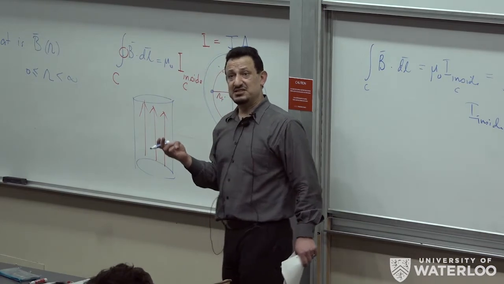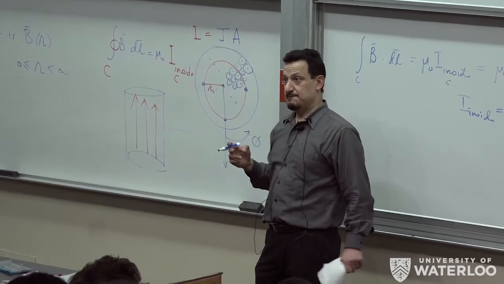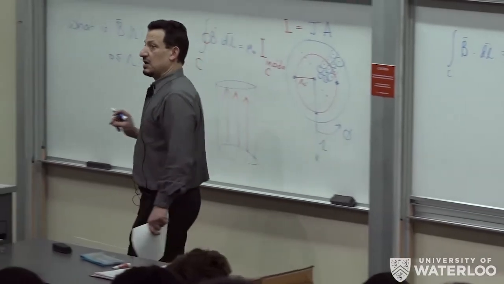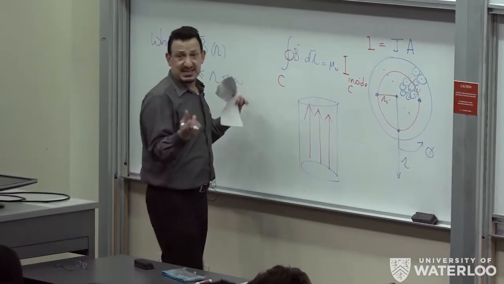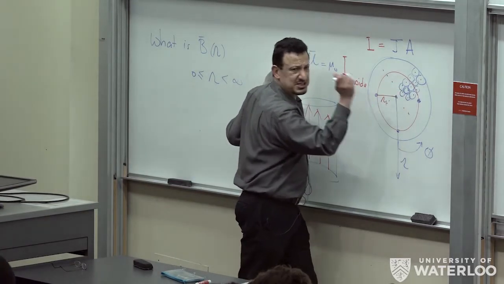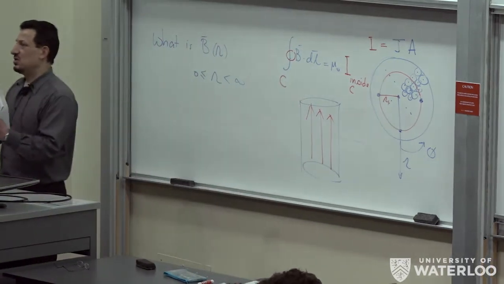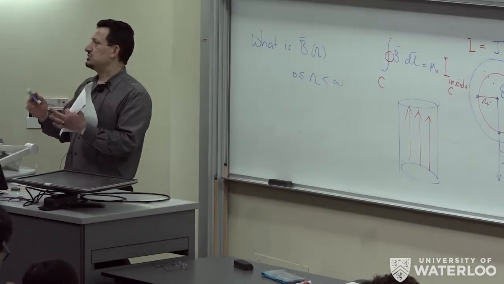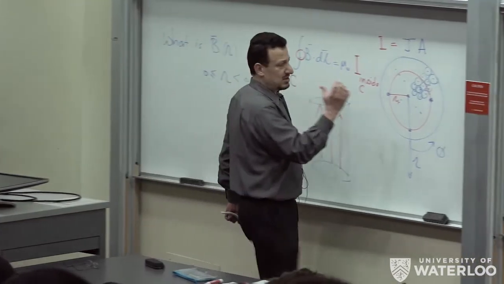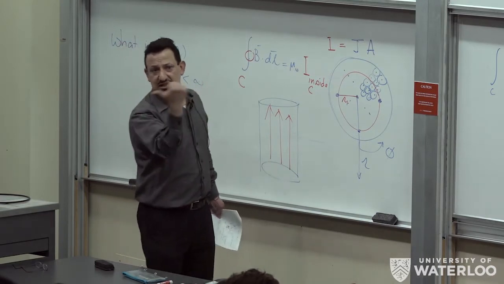Number two, what else can I say? What is the direction of B? Hold on a second. What is the direction of B? Okay, I can guess that if this is coming out, and if I take just one wire, if I can imagine that this bundle or chunk of copper is composed of many little wires, I can take one of them only, and grab it with my right hand, making sure that the thumb is pointing in the direction of the current.